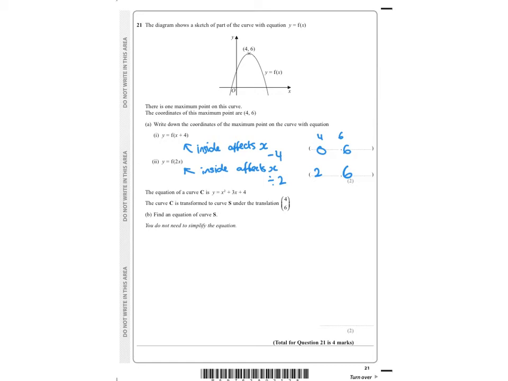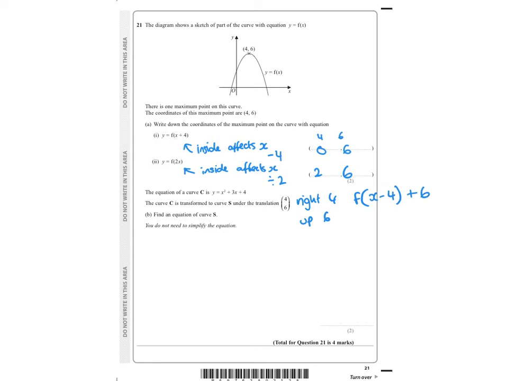So what's happened is we've moved it right 4 and up 6. When we move it right 4, we actually do the opposite, so our x is going to have to be x minus 4 so that we can move it to the right. Then at the end we have f of x minus 4, plus 6. This is what that transformation looks like.